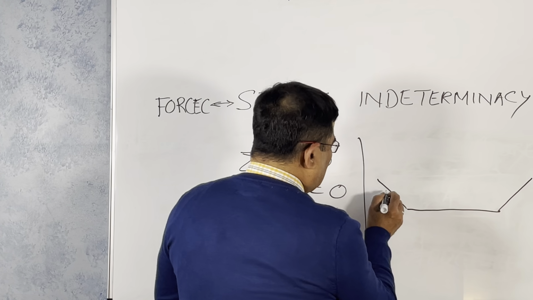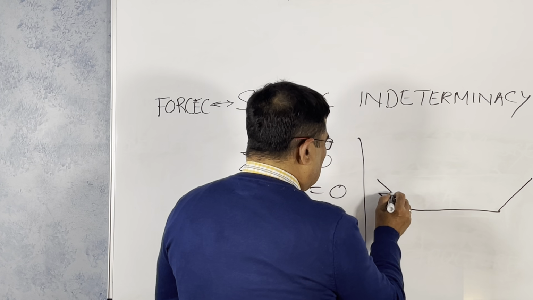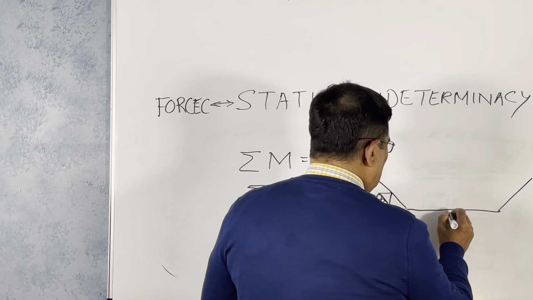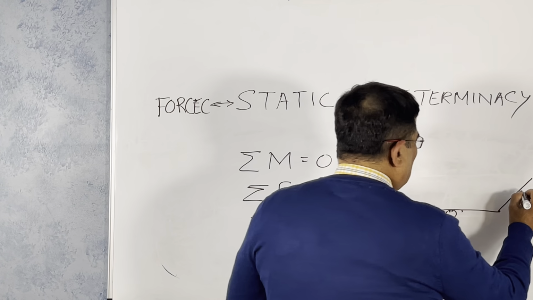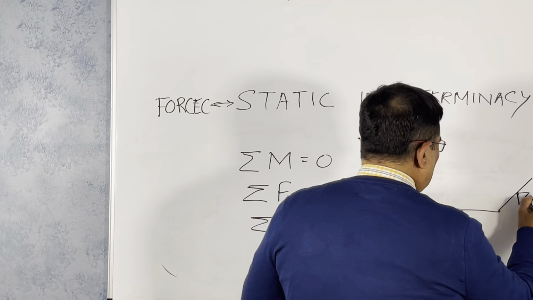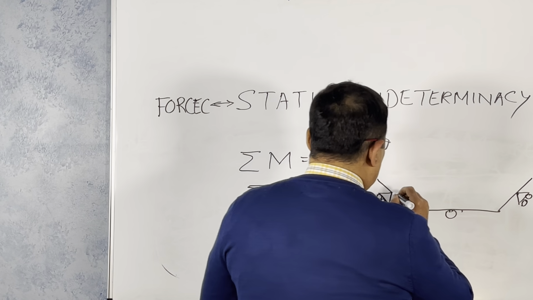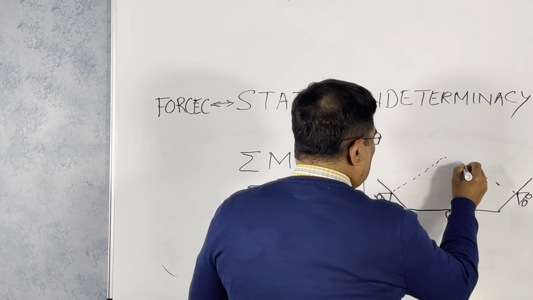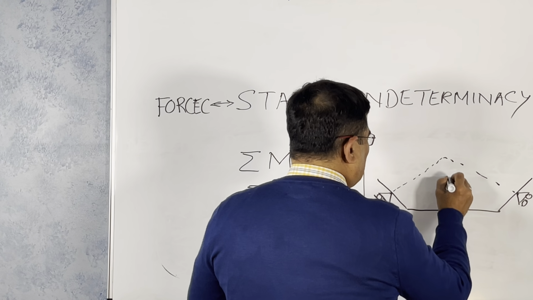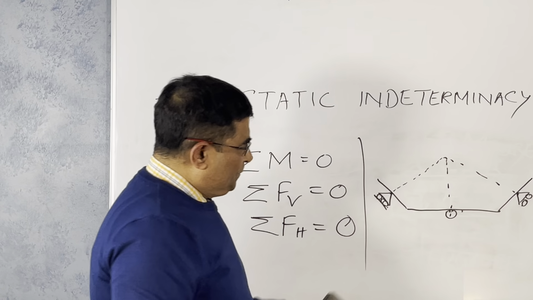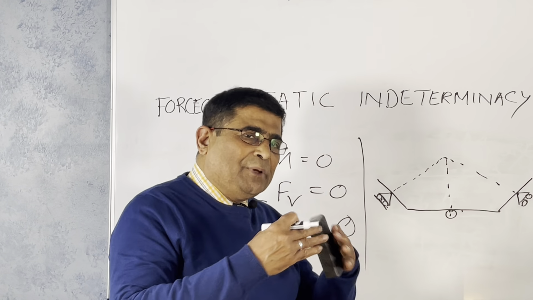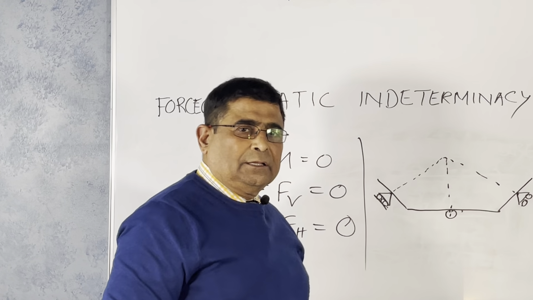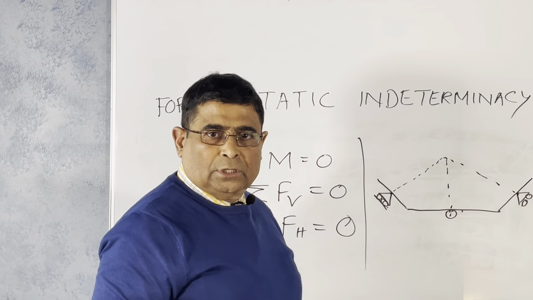If the structure is something like this, this is a roller, this is a roller, and this is also a roller. If you project them and these 3 are concurrent, meeting at a point, this is also not stable.